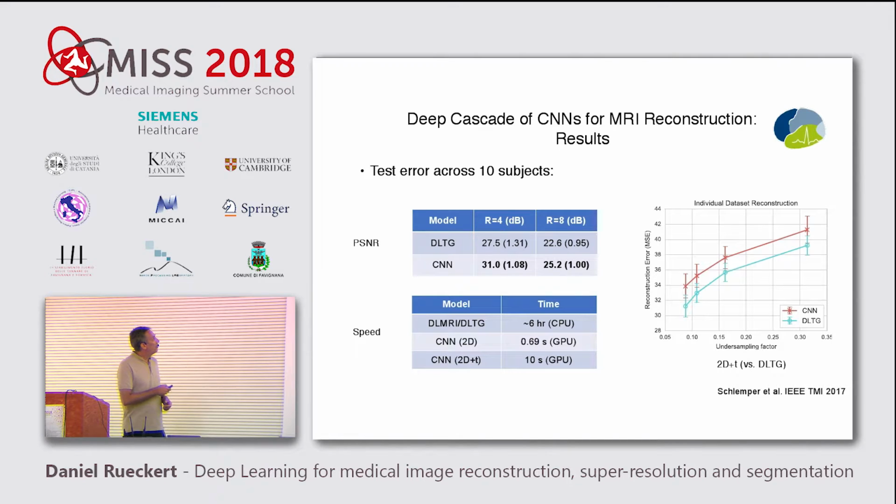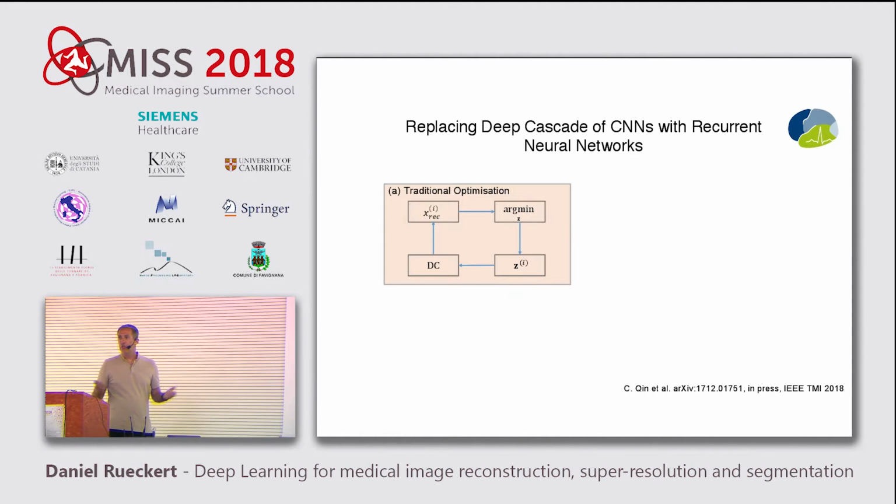So the only downside in this approach is that this is a relatively deep cascade. So you've seen that I have these layers of denoising layers, data consistency layers, and then again more and more of the same. And if you know this type of architecture, you immediately think, well, hang on, I should be able to do something cleverer than this. Because you're basically trying to do an optimization.